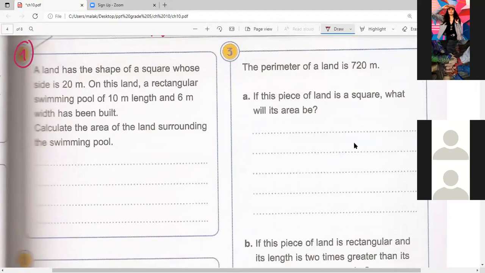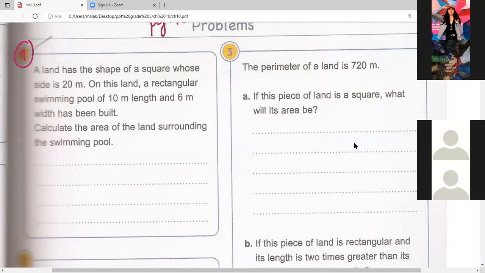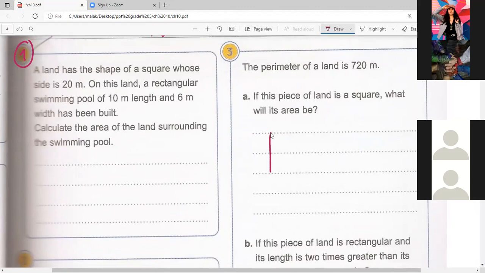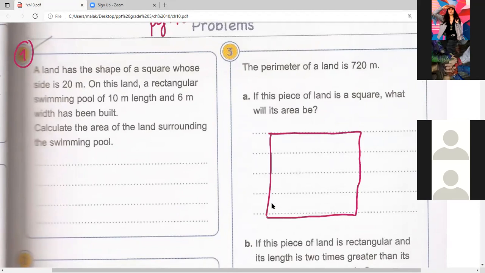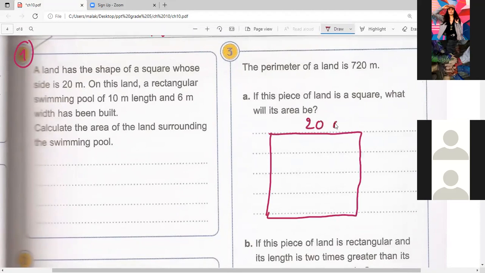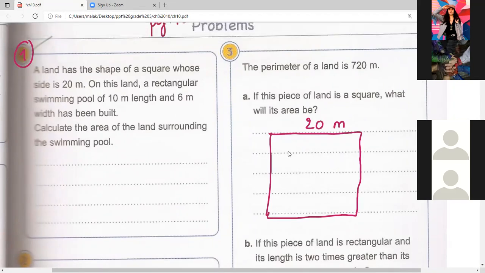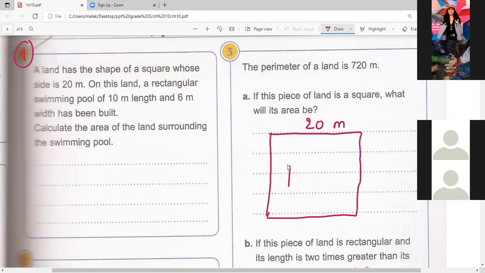Okay. A land has the shape of a square whose side is 20 meters. So the shape of this land is a square. Side 20 meters. On this land we build a rectangular swimming pool inside it, of length 10 meters and width 6 meters.